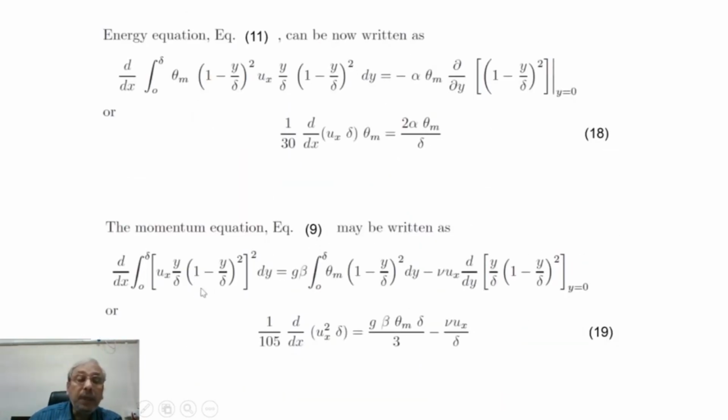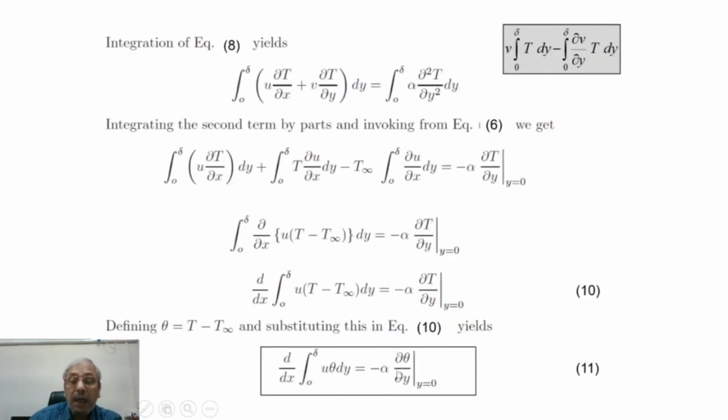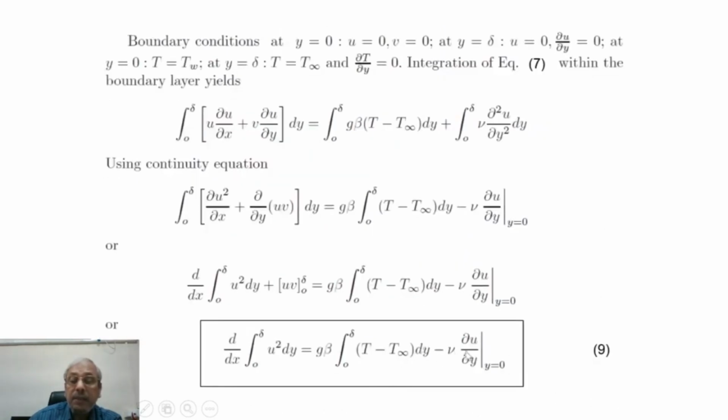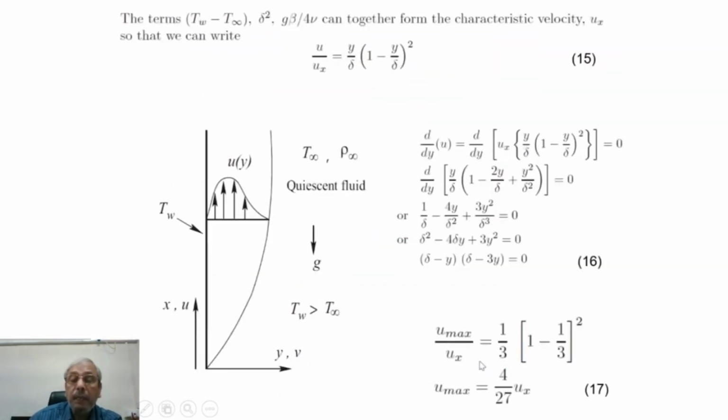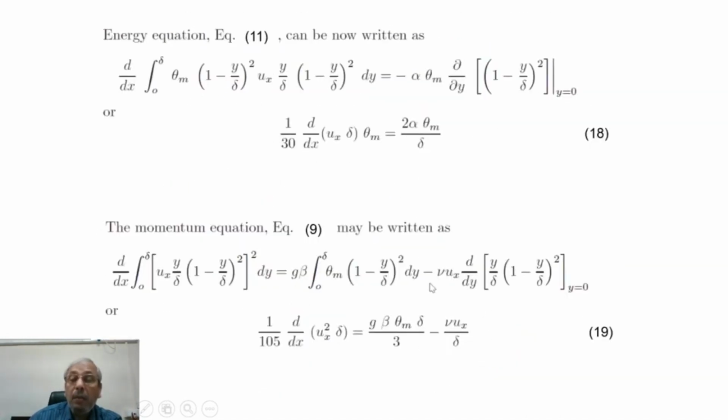The momentum integral equation has the integral of u squared dy, g beta (T minus T infinity) dy, minus nu del u/del y at y equal to 0.